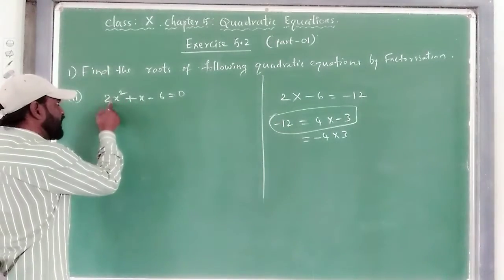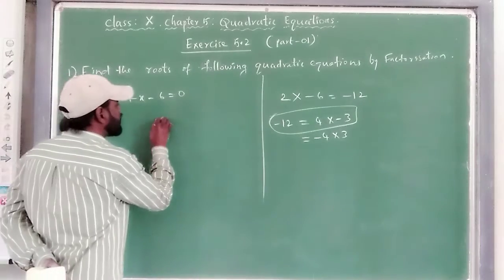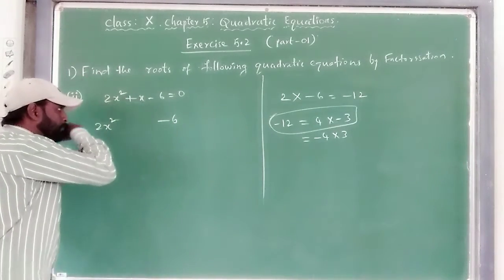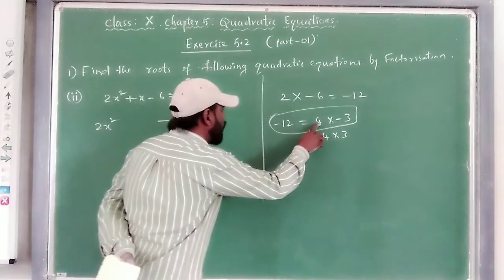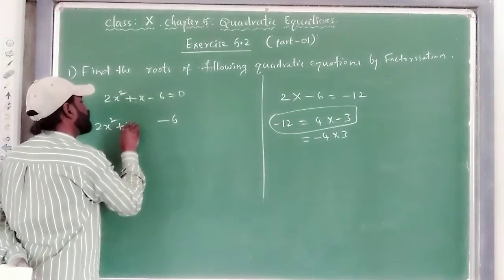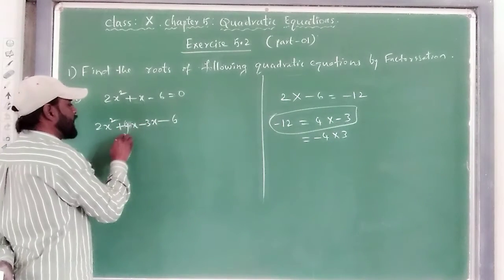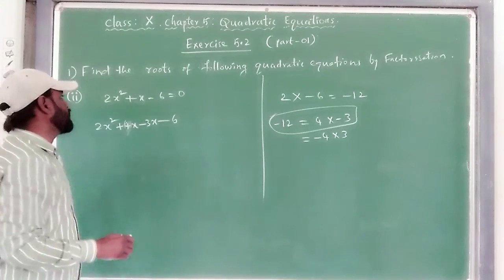So see, the first term we write as it is, 2x square. The last term also as it is, minus 6. The middle term is plus 1x. How can you get plus 1x? By writing plus 4x minus 3x. Plus 4x minus 3x will be equal to plus 1x only.